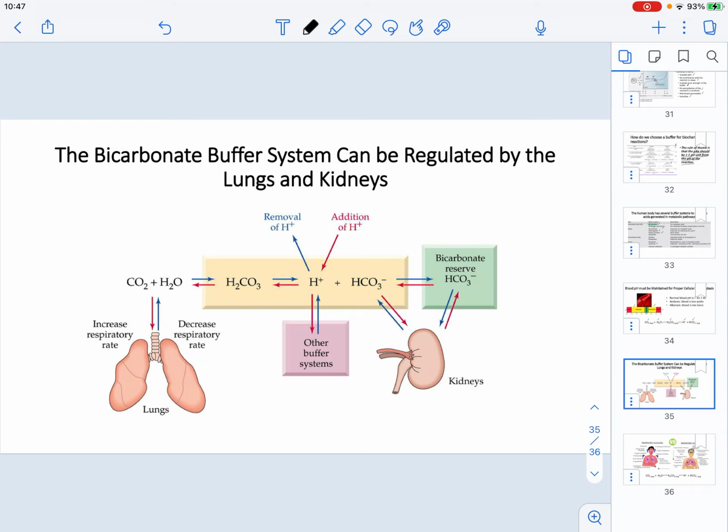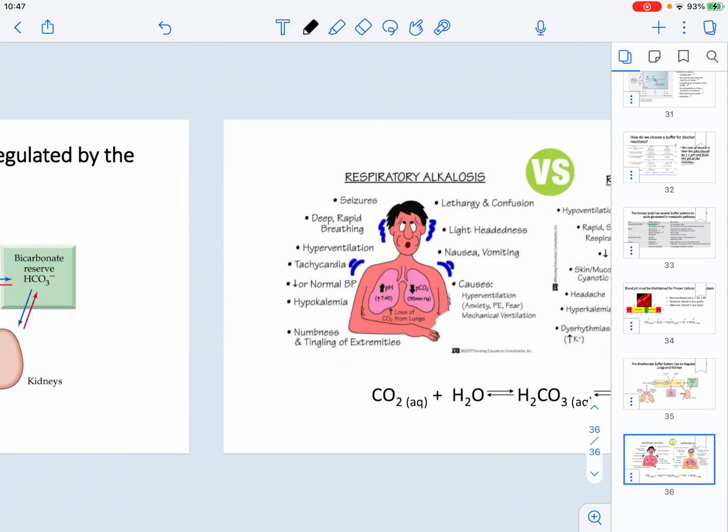So overall, these equilibrium arrows are what I'm referring to when I say this system is controlled by Le Chatelier's principle. Now we're going to look at applications of how this bicarbonate buffer system acts on the conditions I explained a few moments ago, acidosis and alkalosis.